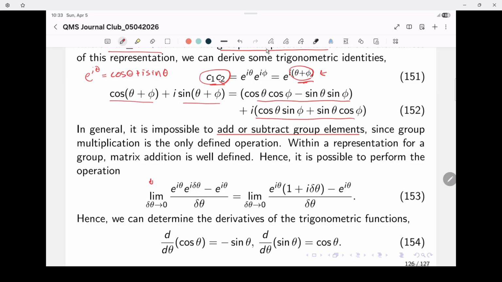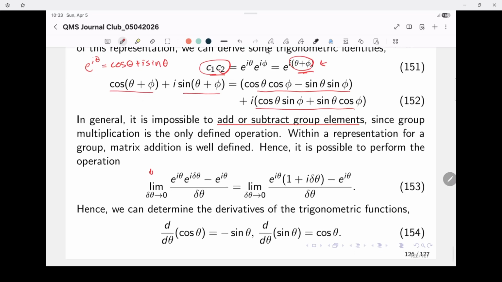For example, if you want to find the limit as delta theta approaches 0, what you can do is perform your first principle, and then you factor out your e^(i theta). At this point, once you did that, I think what you will get is something like this.